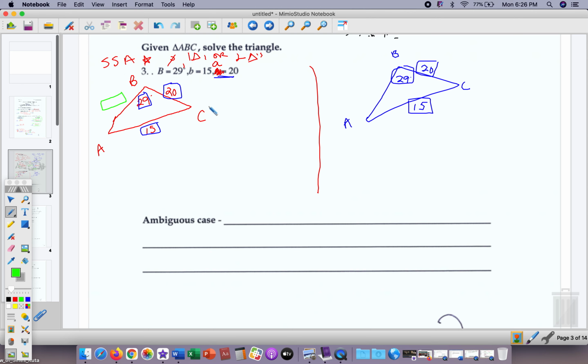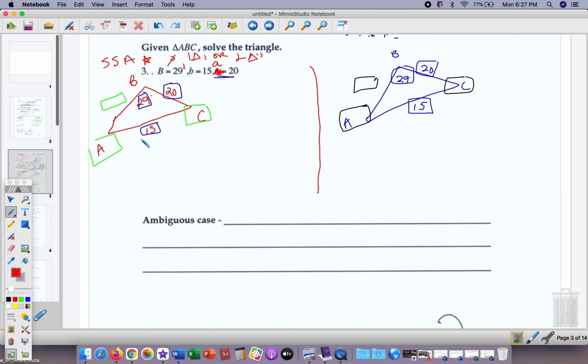So side C, angle C, and A. So same thing over here. This angle A, this side C, and this angle C will look different. Okay? So givens are the same though. So let's work with the one on the left.